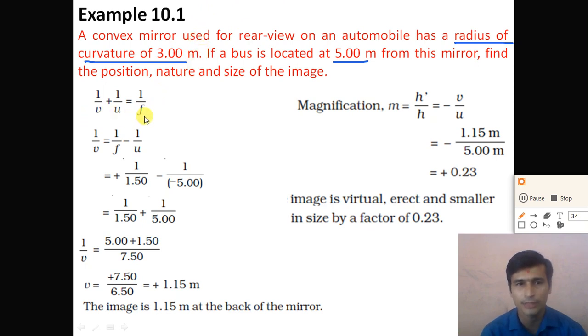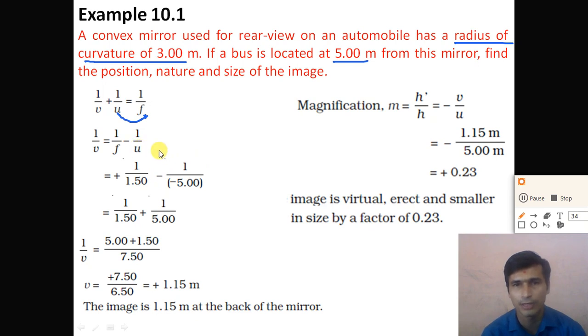So from this formula, 1 by v is equal to 1 by f minus 1 by u, taking 1 by u to this side. Now we place the values: 1 by f, the value of f we calculated previously, 1.5 meter, so 1 divided by 1.5, minus 1 by u.